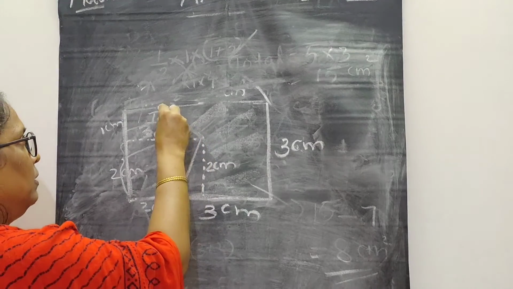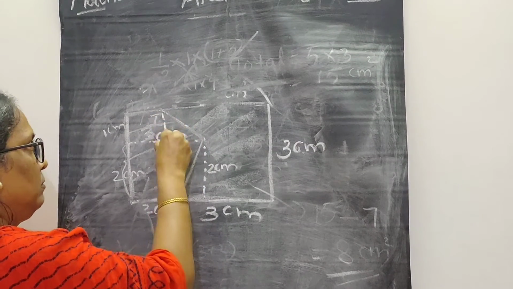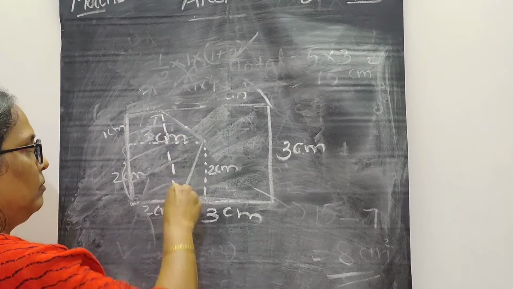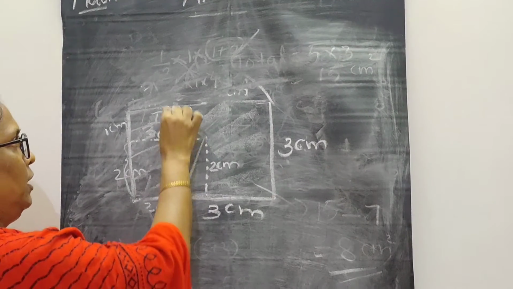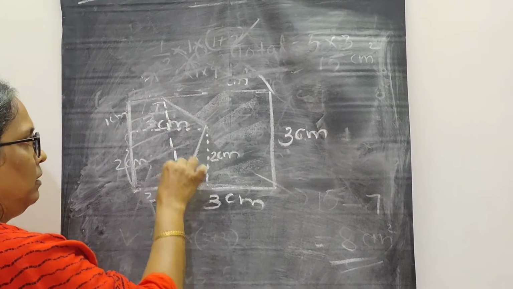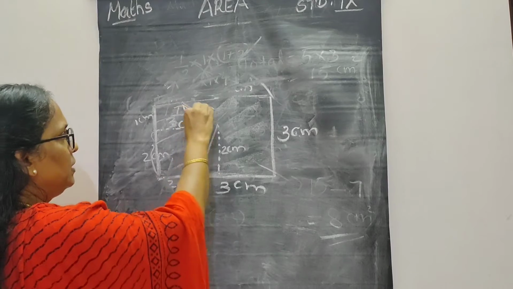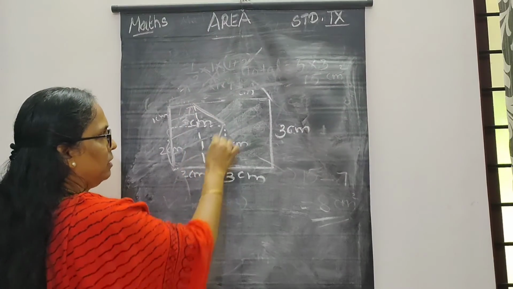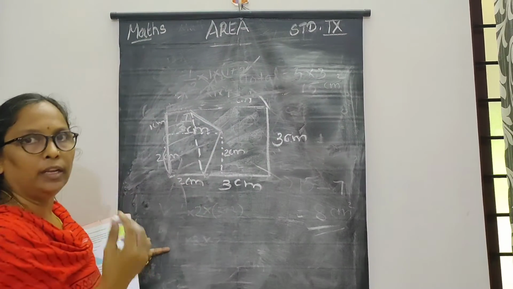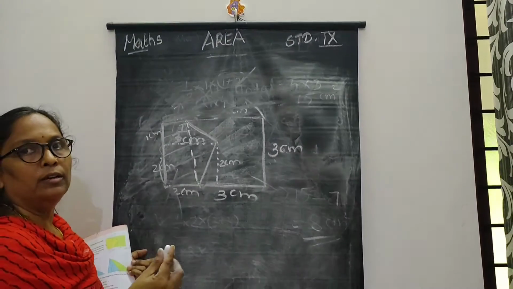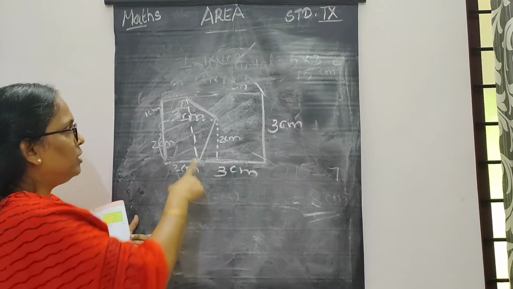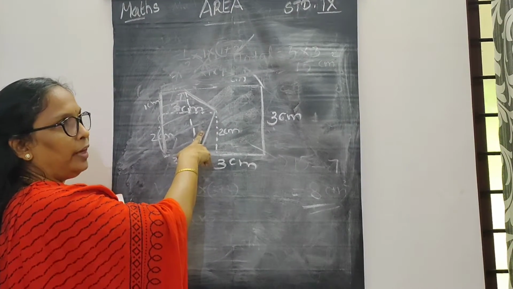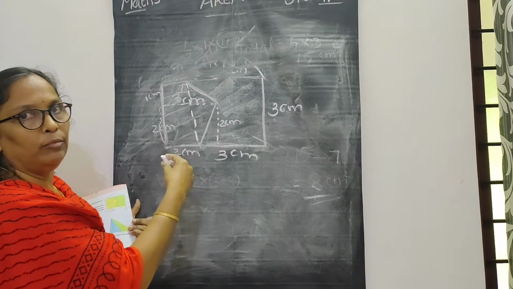For this, draw a line like this. Then, instead of this triangle, we can find another triangle with the same area.